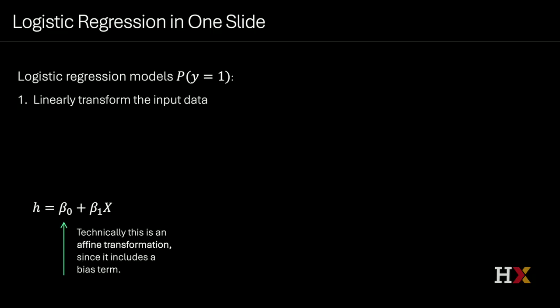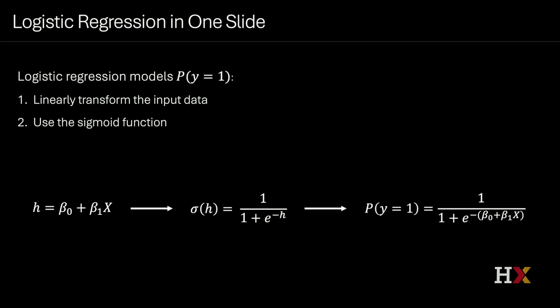Here's the full model. Step 1, apply a linear transformation to the input: h = β0 + β1x. Now, even though we often call this a linear transformation, it is technically an affine transformation because it includes a bias term, β0. That bias shifts the output without changing its direction, and it is important for flexibility in fitting data.